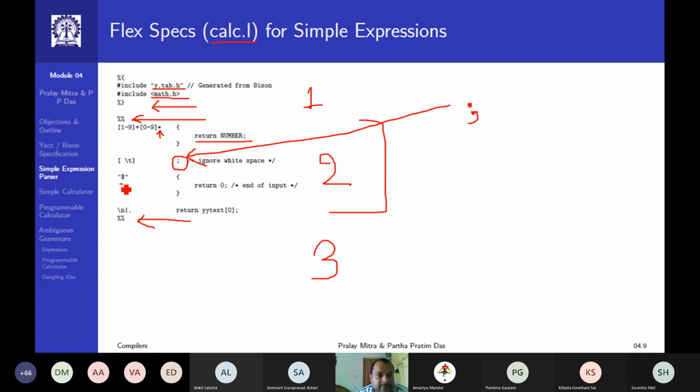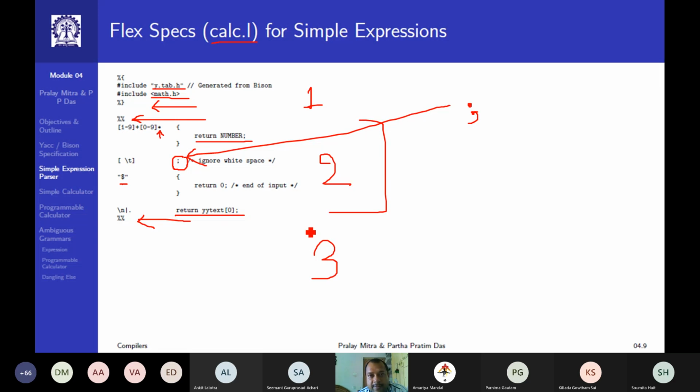When it is dollar, the character that indicates end of the string, so return 0. End of the input. If it is \n, new line, or pipe, dot, any character other than these digits or white space or tab or dollar, then I will directly return that text, yytext, 0.